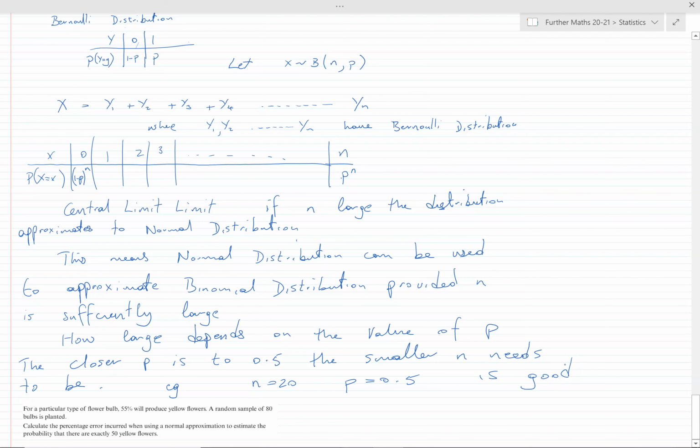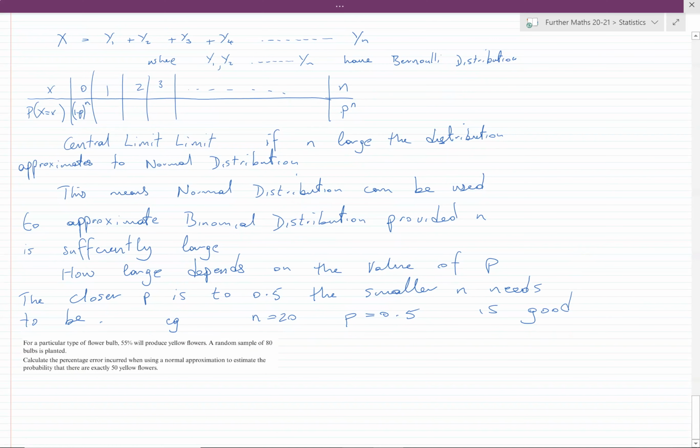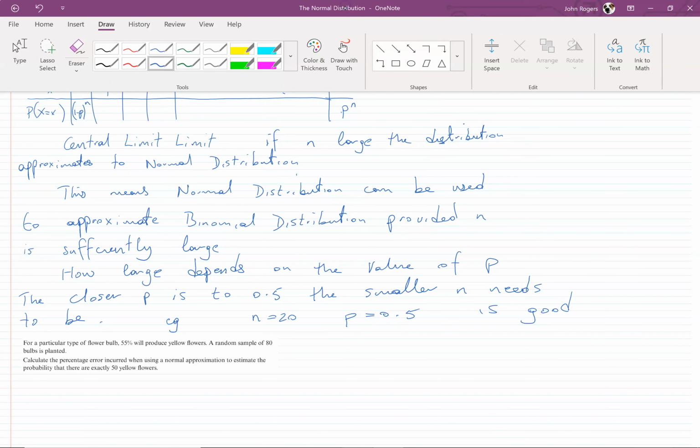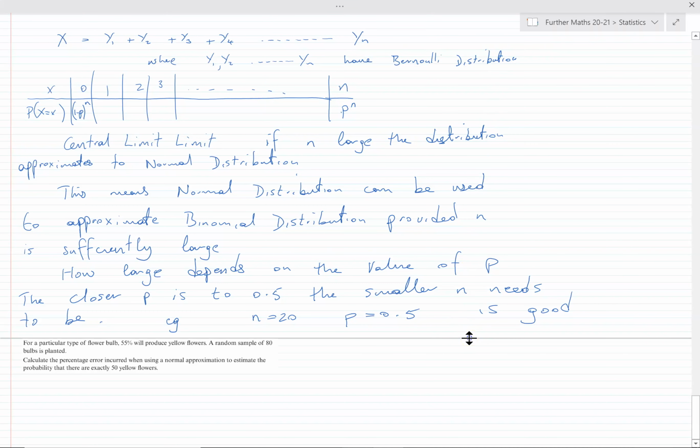And what you will see, I don't really want to become too rigid on this, but you will see some statisticians, or in other videos, referring to the value of np. People say different things.